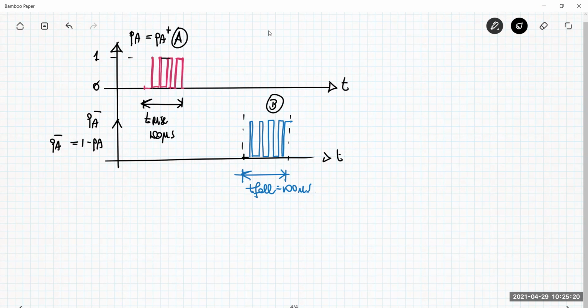Which is the interval that we have between these pulses here, or also here, etc. Each period here is exactly the switching period of the transistor. Okay.